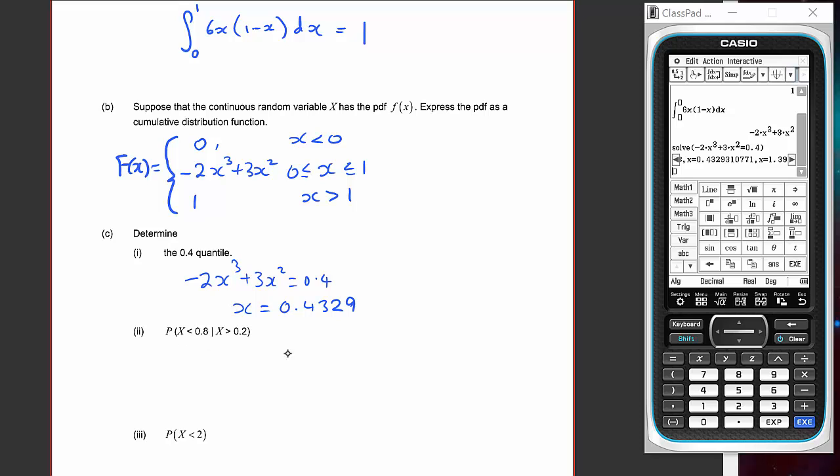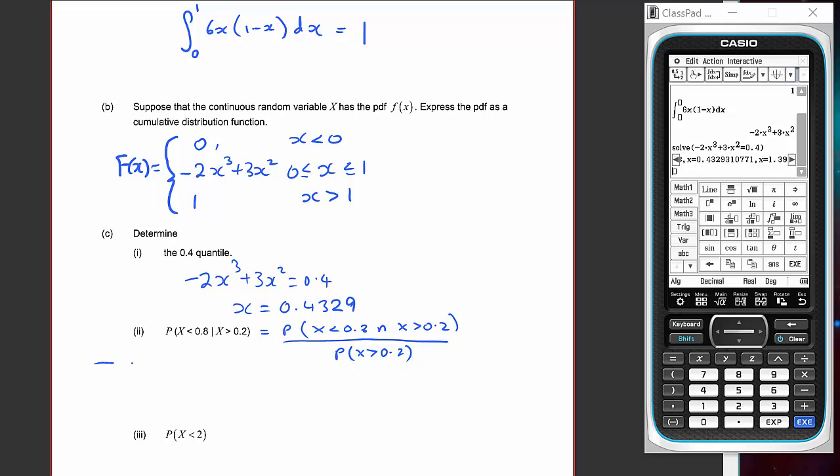So now we want the probability that x is less than 0.8 given that it's greater than 0.2. So we know that's going to be the probability that x is less than 0.8 intersection x is greater than 0.2, just divided by the probability of x being greater than 0.2.